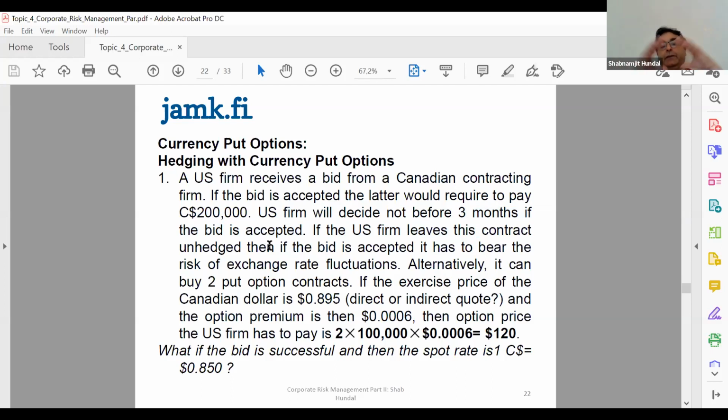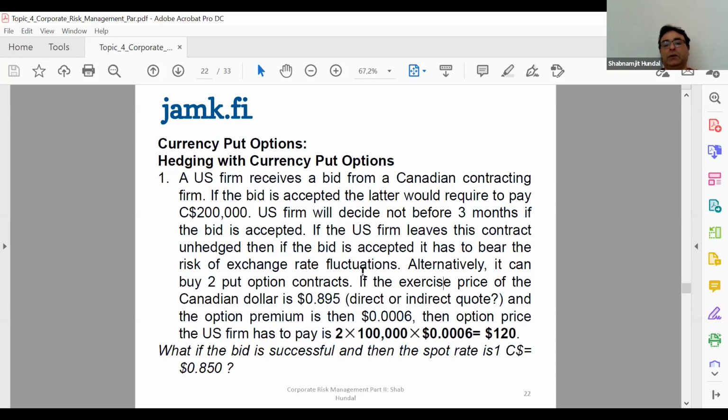So you're afraid that the exchange rate of the Canadian dollar against USD may depreciate. So what you do, you go to the bank or a broker and buy 2 put option contracts. Why 2 put option contracts?